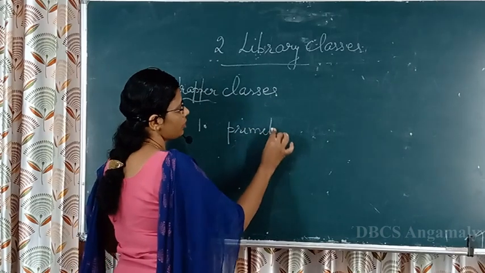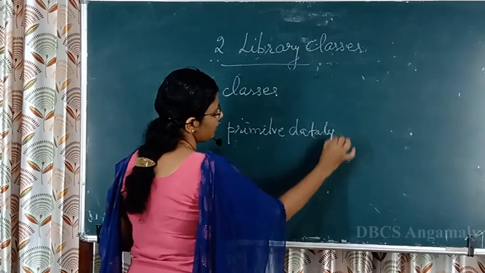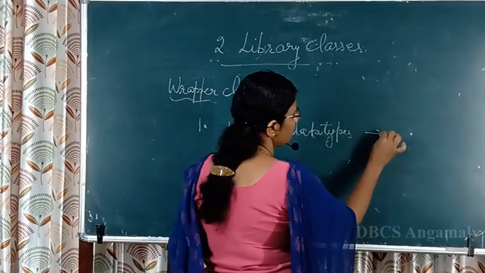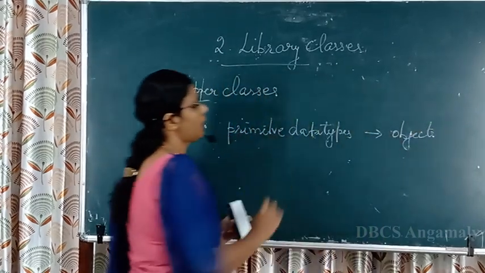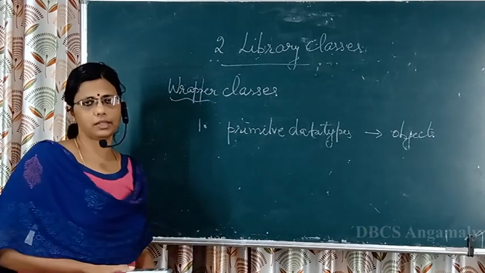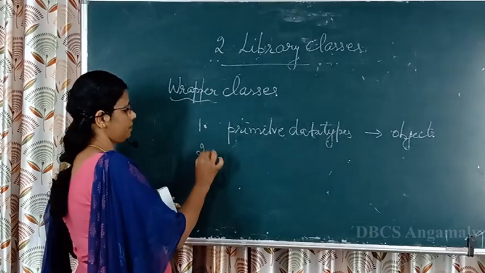I hope you know what a primitive data type is. They are nothing but our built-in data types. These primitive data types, for any purpose, have to be converted into objects. If these primitive data types have to be converted into objects, then we make use of wrapper classes. That is the first functionality. Then what is the second functionality?